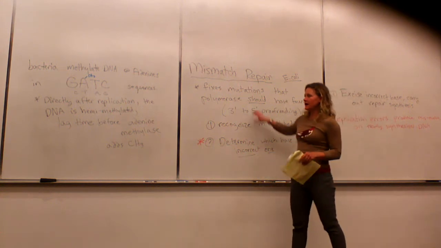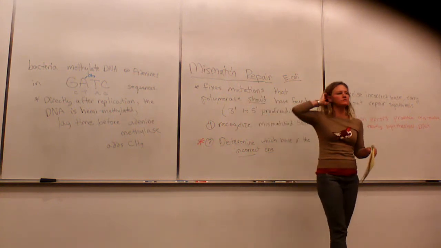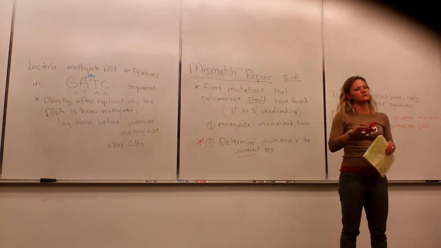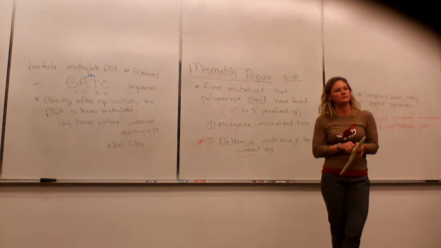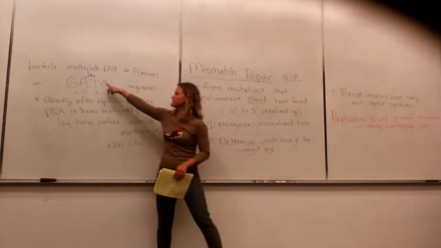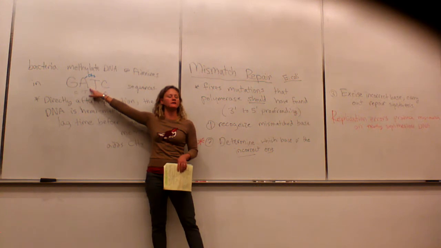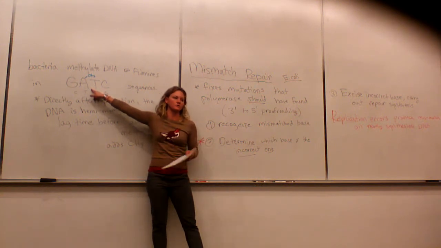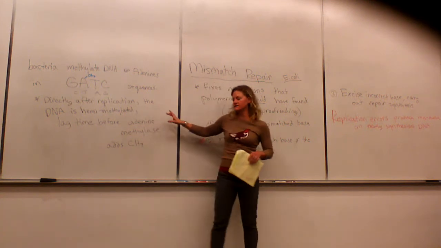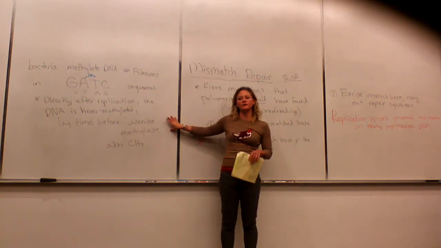So this is how mismatch repair can use the methylation patterns to distinguish between old and new synthesized DNA. So it can tell the difference by simply looking for these little methyl groups hanging off the adenines, whether this is a new strand or an old strand. But it has to use that window of time, right?